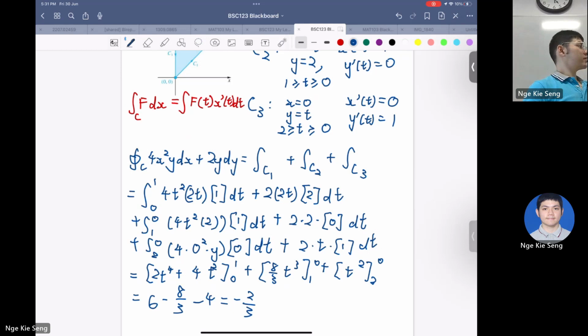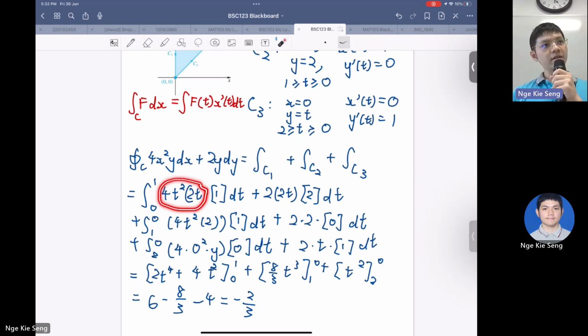Okay? So you see how many components we need? We need to substitute our function with respect to the parametric curve, and then there's a contribution from the derivative of our curve, right?